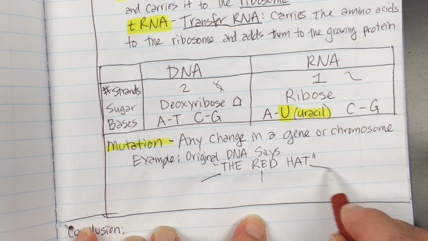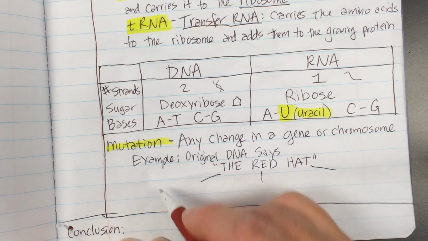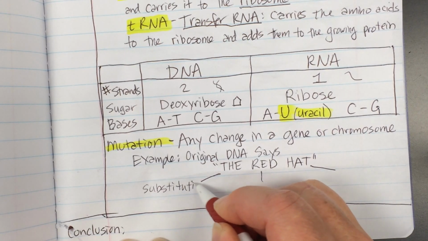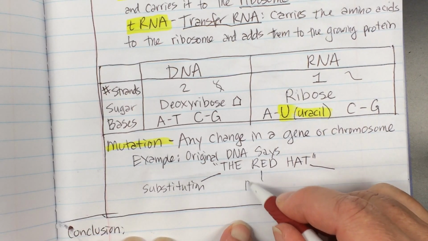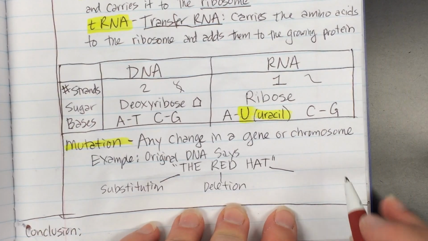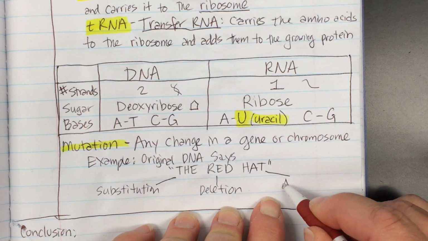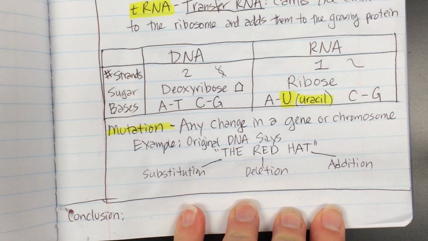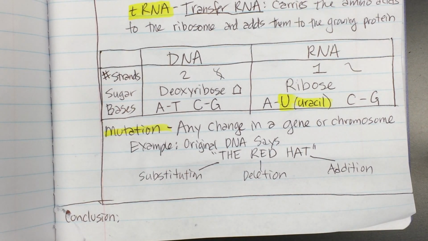Okay, so do it like this. There's 3 different changes. One is called substitution. One is called deletion. Delete, right? Deletion, just like on the computer. And one is called addition. And you can figure out from those words right away, probably, the different kinds of mutations that can happen.